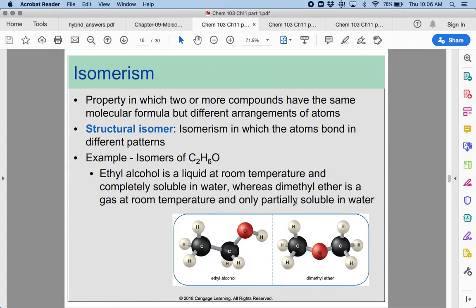The next concept we need to talk about for organic chemistry is something you may have already run into when doing your Lewis structures, and that's the concept of isomerism. So you may have heard of an isomer before, or maybe if you do exercises, you've heard of an isometric hold or an isometric exercise or something like that.